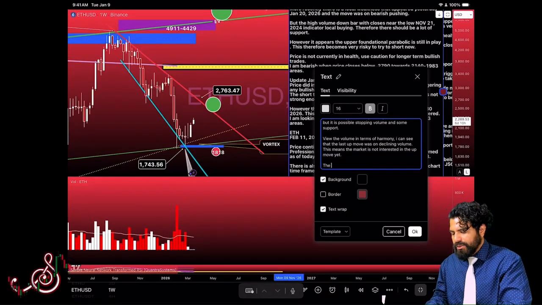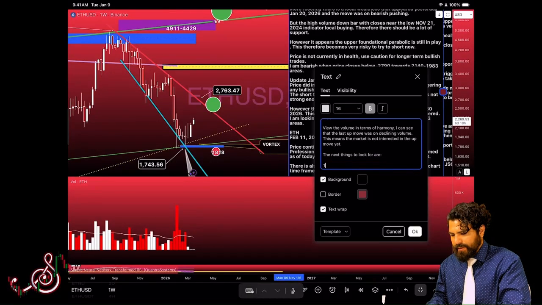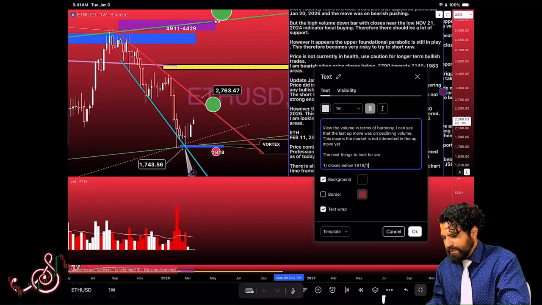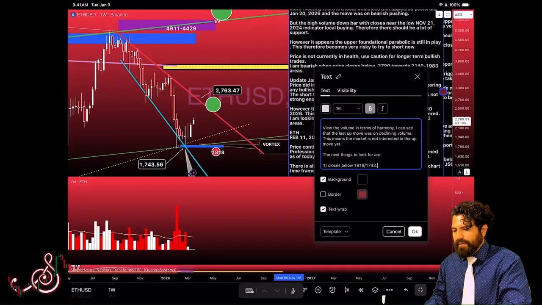The next things to look for are two. The next things to look for are 1. Closes below 1818 / 1743. This is bearish.